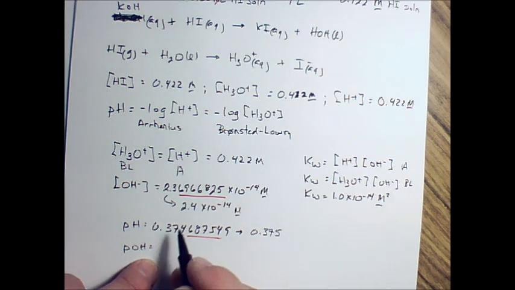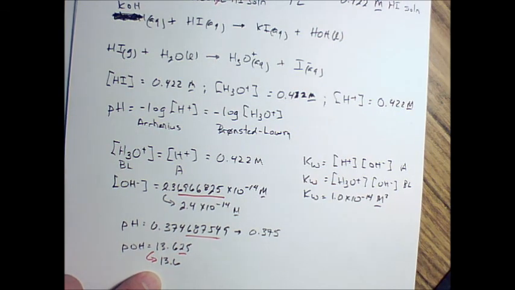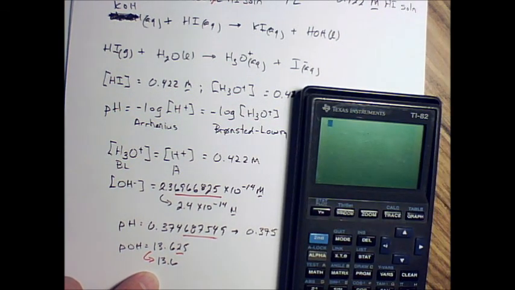Okay, so using subtraction, I got 13.625. That's what I got. We're going to round it off to 3 digits, and I get 13.6, right? Using the negative logarithm, I get 13.61.